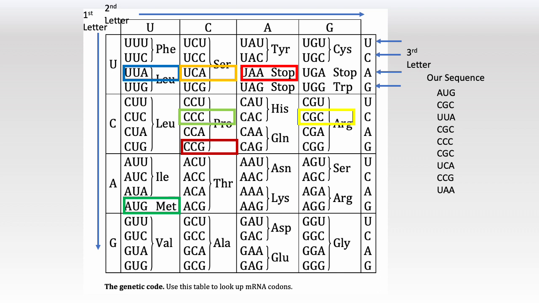So what is this now going to look like in terms of the amino acids? And so if I look at it in terms of the amino acids, I'm going to have methionine, arginine, leucine, arginine, proline, arginine, serine, proline, and then I have a stop.